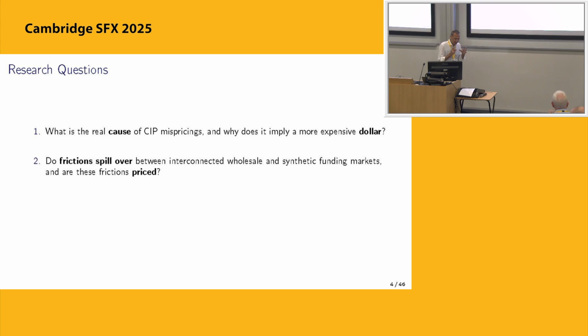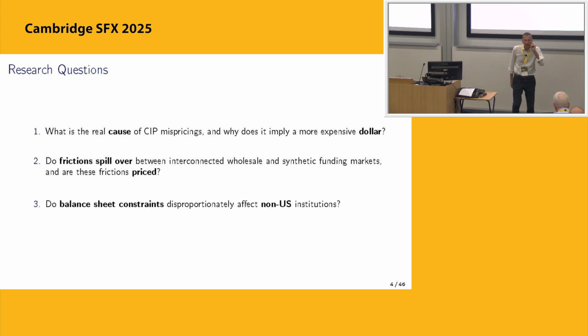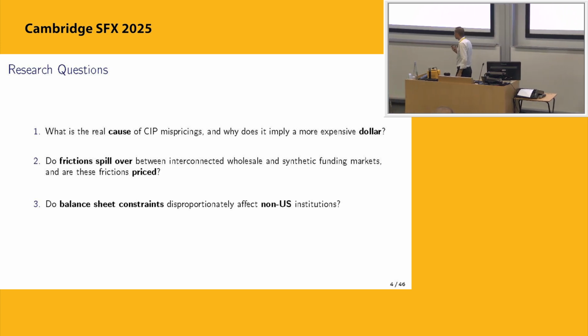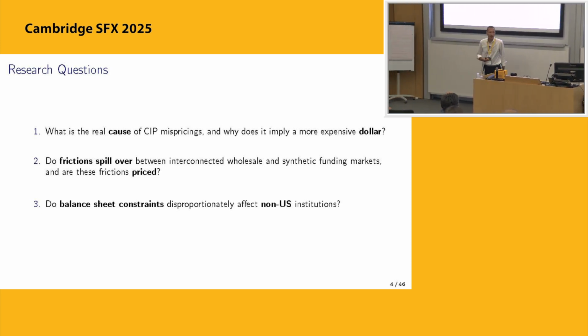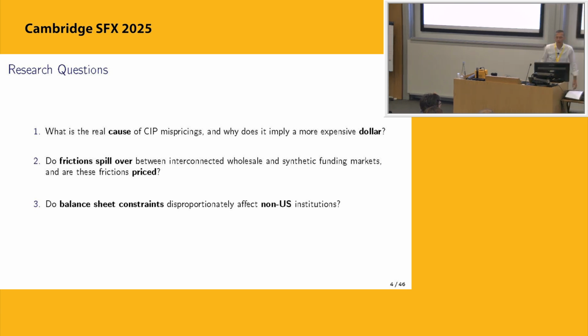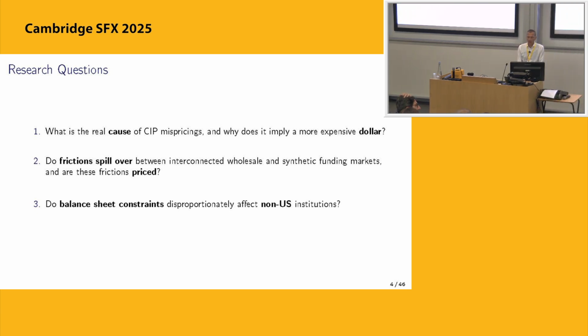Second, we want to understand the friction behind that, how the frictions connect the wholesale funding market to the synthetic market, and whether these frictions are priced. And finally, who is affected by this friction and this balance sheet cost? We ask whether balance sheet constraints affect more those who are actually demanding dollars, and those are the non-U.S.